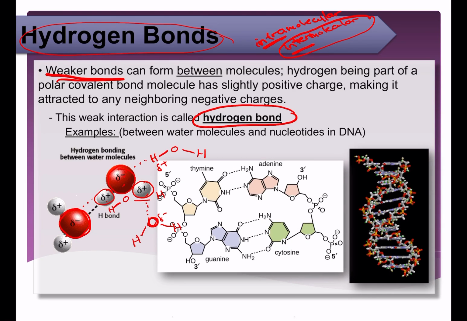Hydrogen bonds can also exist between nucleotides of DNA, which is symbolized by these dots here. So these are your hydrogen bonds, and these are the four nucleotides you can have in the DNA molecule that we'll talk about in chapter 3: your A, T, C, and G, the four nucleotides that make up your DNA sequence.